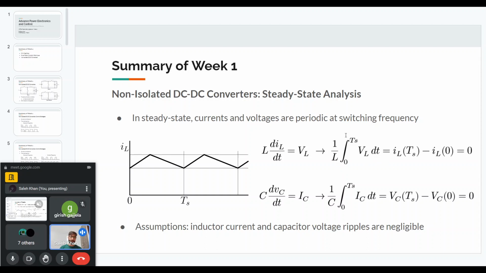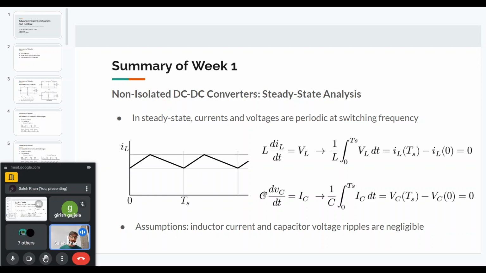This is called the volt-second balance of the inductor. This is voltage multiplied by some time, and overall the integral of the voltage across the inductor has to be 0, because the inductor current reaches the same point after time Ts.